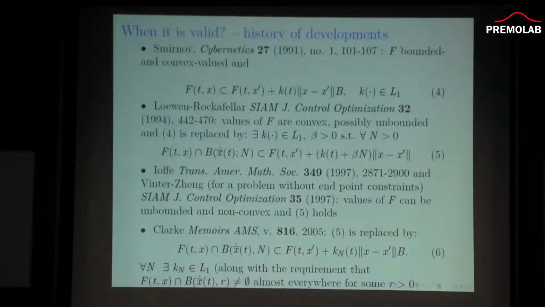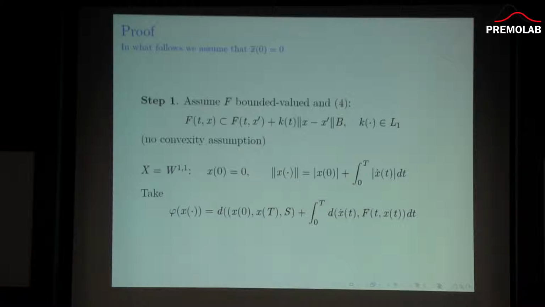I wish to explain how this final Clarke result works; this is, by the way, the state of the art, so far the most advanced result in the theory of the maximum principle. So I just want to give a very brief account of the proof.